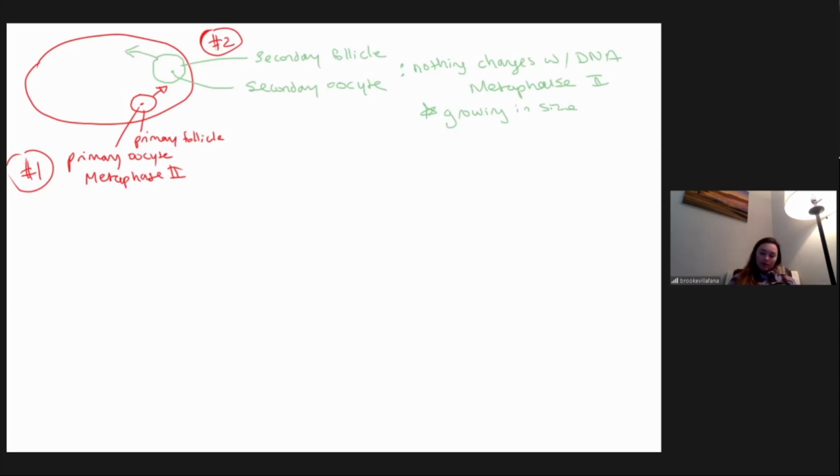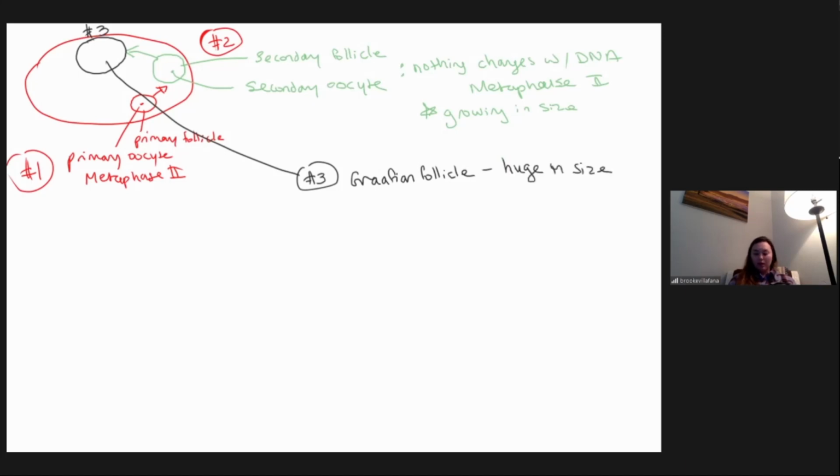So we go to like step number 3. And this is now called the Graafian follicle. So this would be number 3. So the Graafian follicle. This is huge in size. It's growing very large because of estrogen and progesterone.